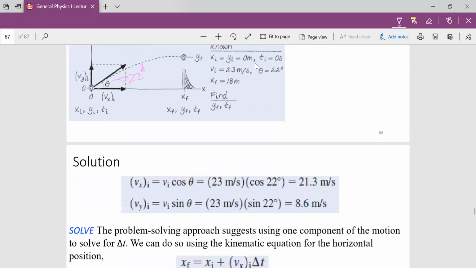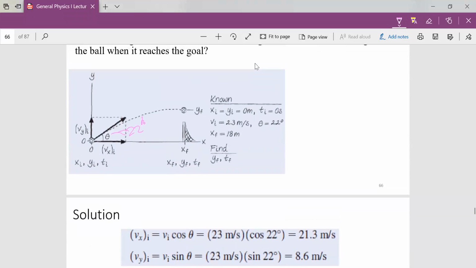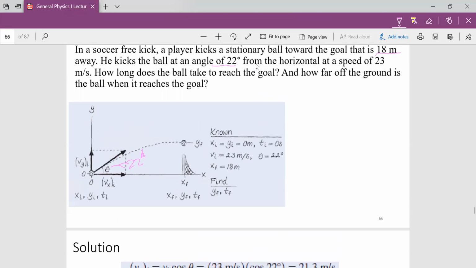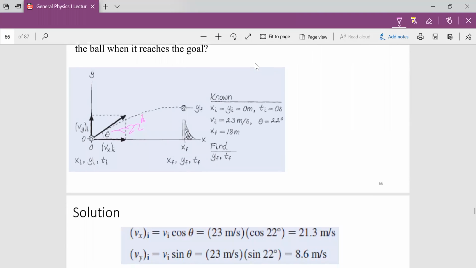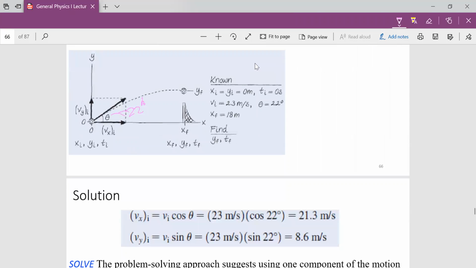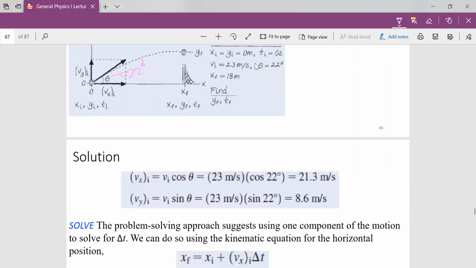So, resolving, because we have the information about the launch angle, and also we have the information about the kick, the velocity at which the ball took off the ground, we can actually use those two pieces of information to get the y and x axis by decomposing this motion. All right.